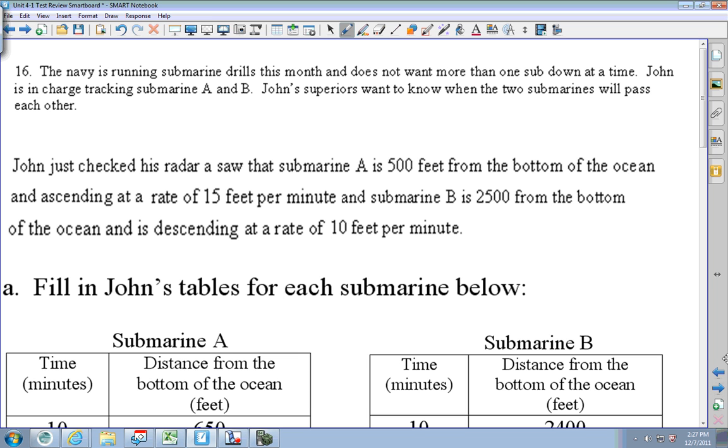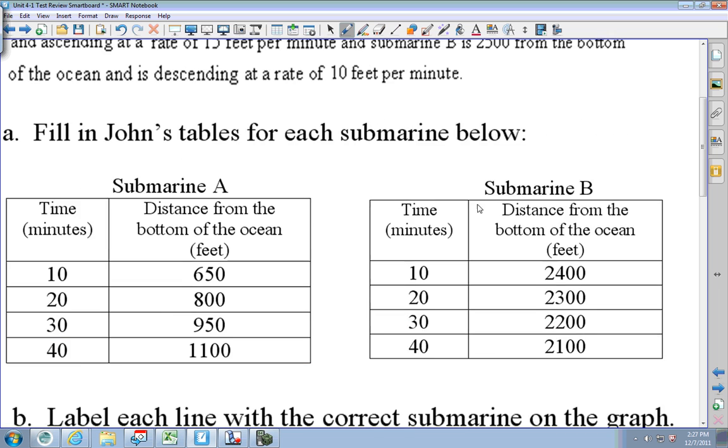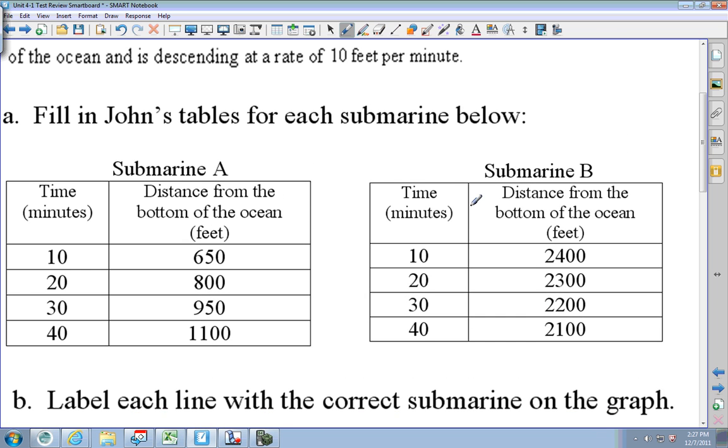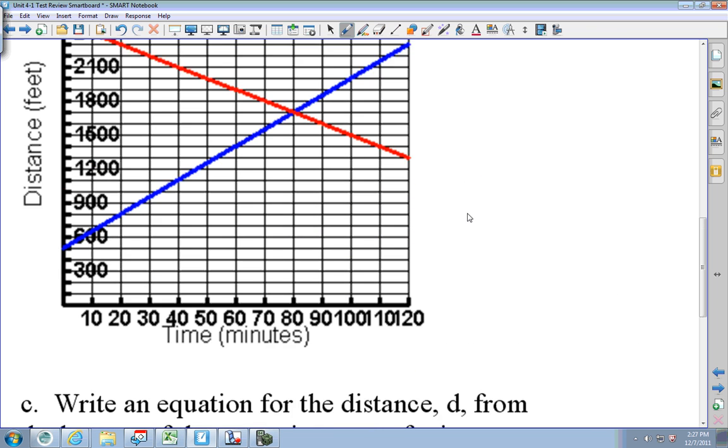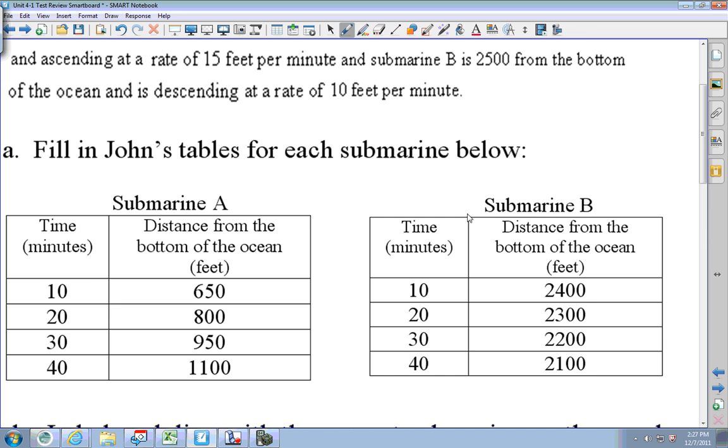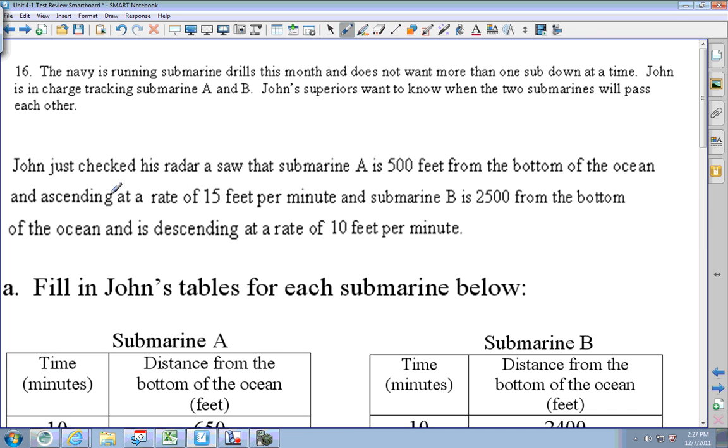Okay, the Navy is running submarine drills, and they give you all this information. They give you a table. It says label the line with the correct submarine. Well, first off, let's figure this out.